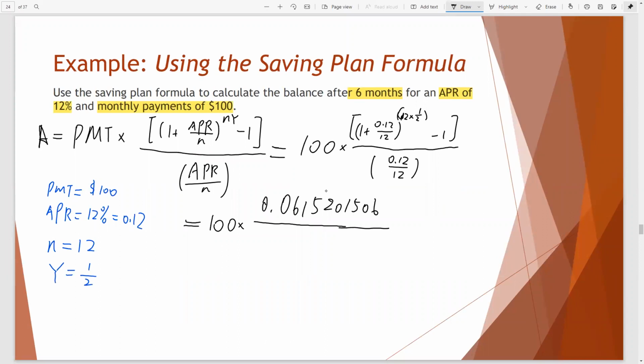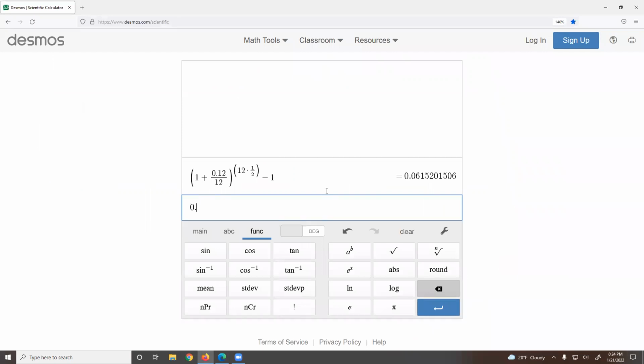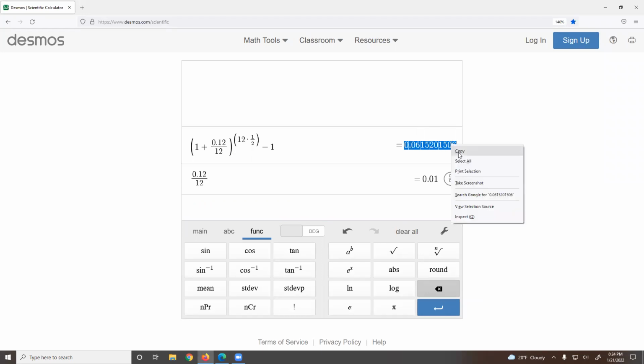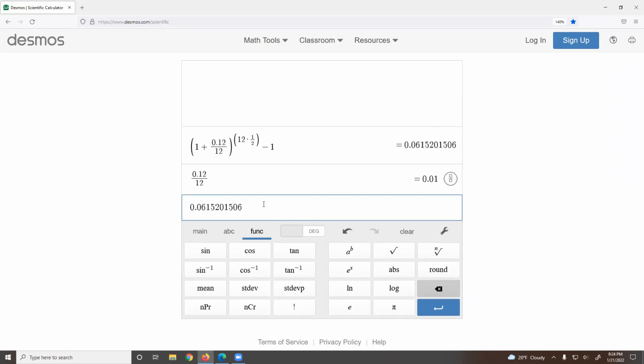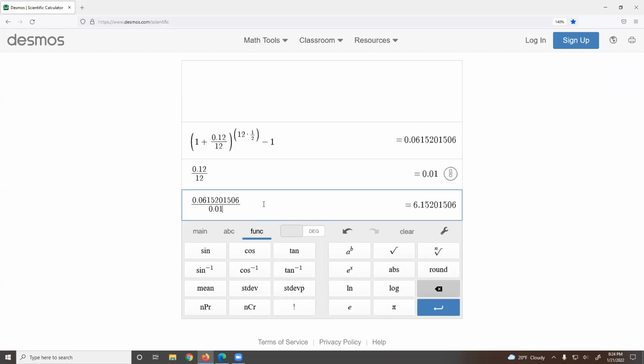And 0.12 divided by 12 is apparently 0.01. You can check that if you want. Then we have this value divided by 0.01.